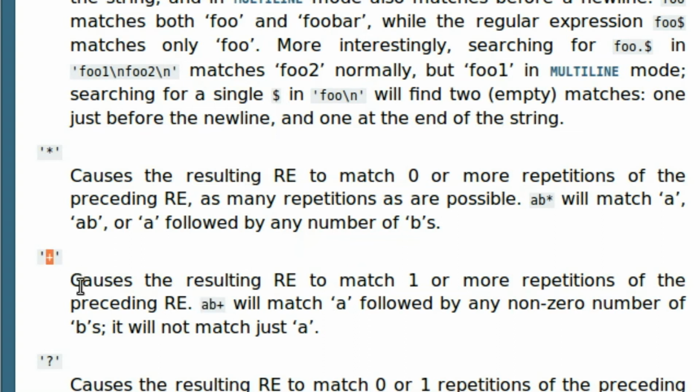And the plus sign will cause the resulting RE to match 1 or more of the repetitions of the preceding. And it will not match as many as possible. It will not be greedy, as they say. It's more of a lazy grabber. The asterisk will get as much as possible, while the plus sign will not.